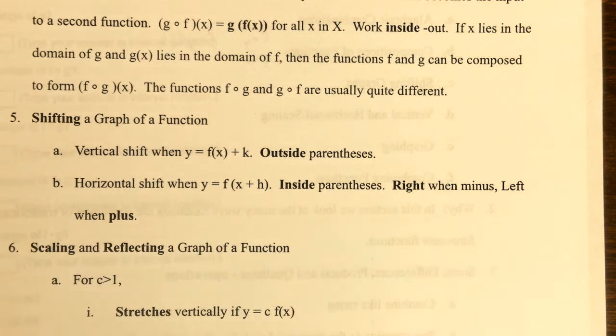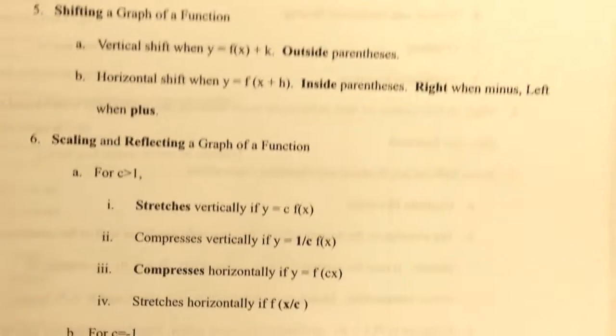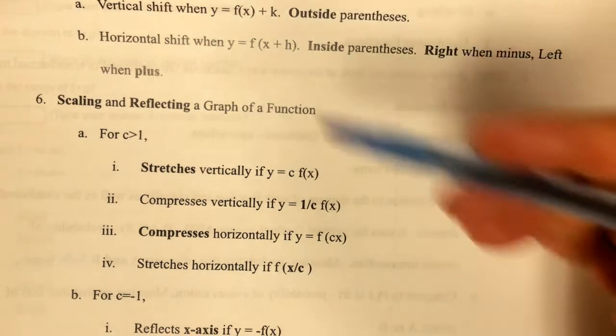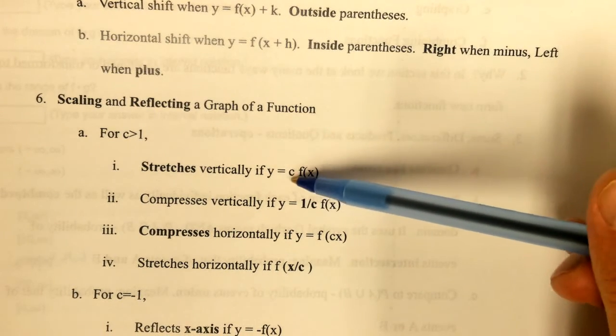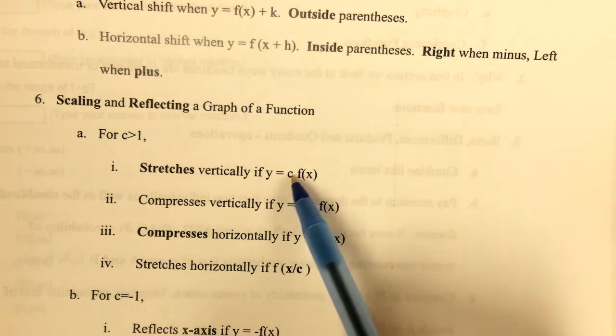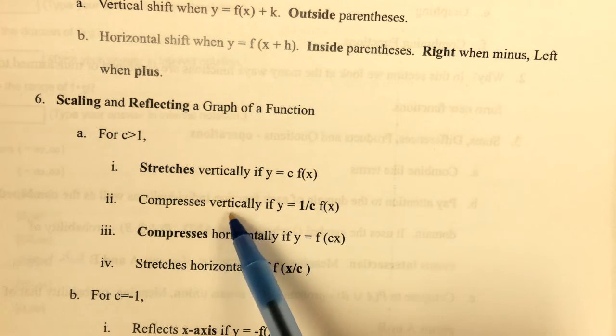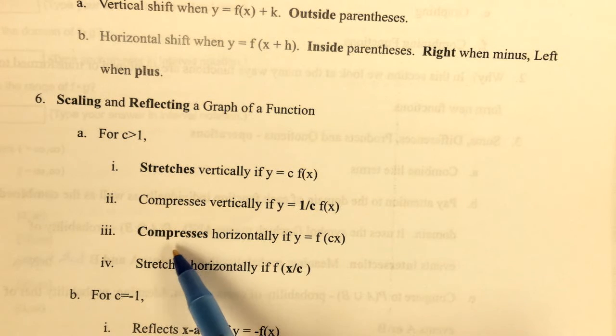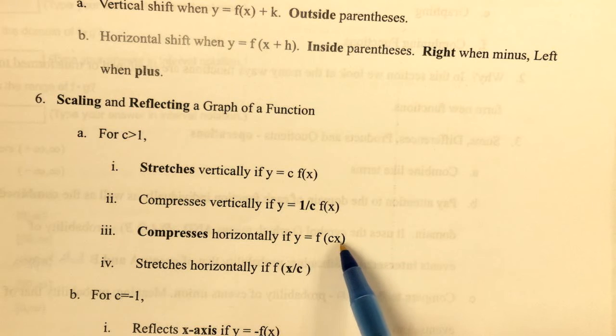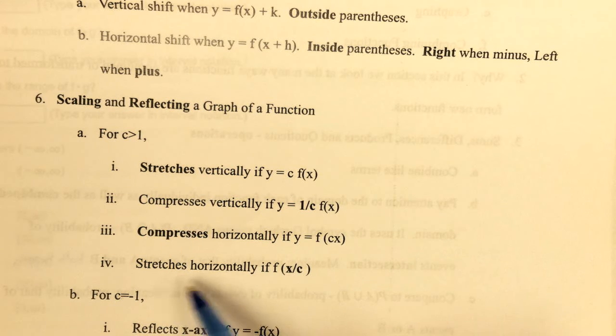Any type of function, I don't care if it's a quadratic, a rational, a square root, like anything, any type of f of x. Then for scaling and reflecting, if c is greater than 1, it's a vertical stretch where c is on the outside. It compresses vertically if it's 1 over c, and then compresses horizontally if you have c times x inside, and stretches if it's x over c.